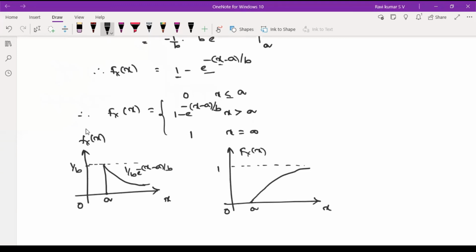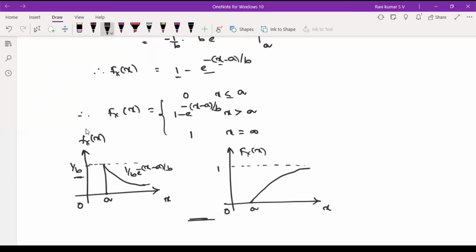Okay, so this is about exponential probability density function and distribution function. And here the exponential probability density function has a maximum value of 1 by b at x is equal to a, and exponentially decreases to 0 as x is increasing, that is x is equal to infinity.